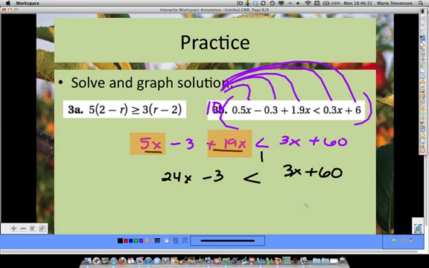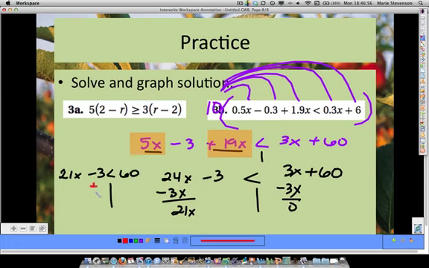Okay, now 3x is the smaller one, so I'm going to move that one. It's positive, so I have minus. Okay, so I'm going to rewrite over here. So now I have 21x less than, whoops, I forgot my minus 3. 21x minus 3 less than 60.